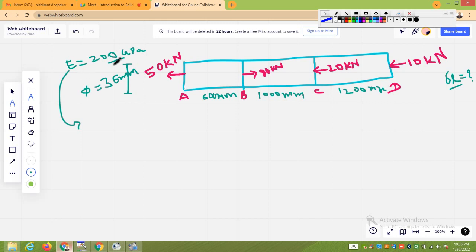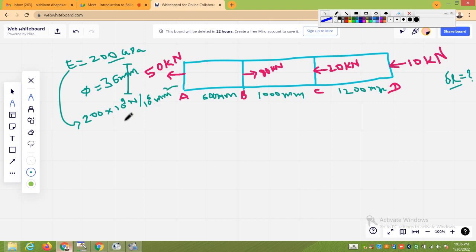So 200 gigapascal, if you convert it, will be 200 into 10 to the power 9 Newton per meter square, which converts into 10 to the power 6 millimeter square.